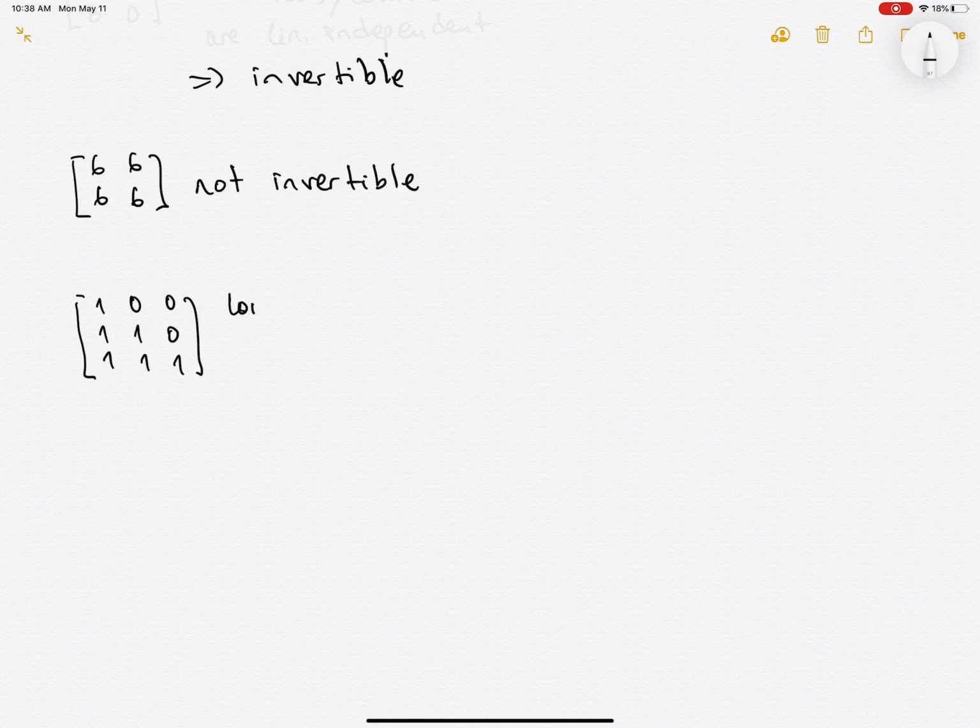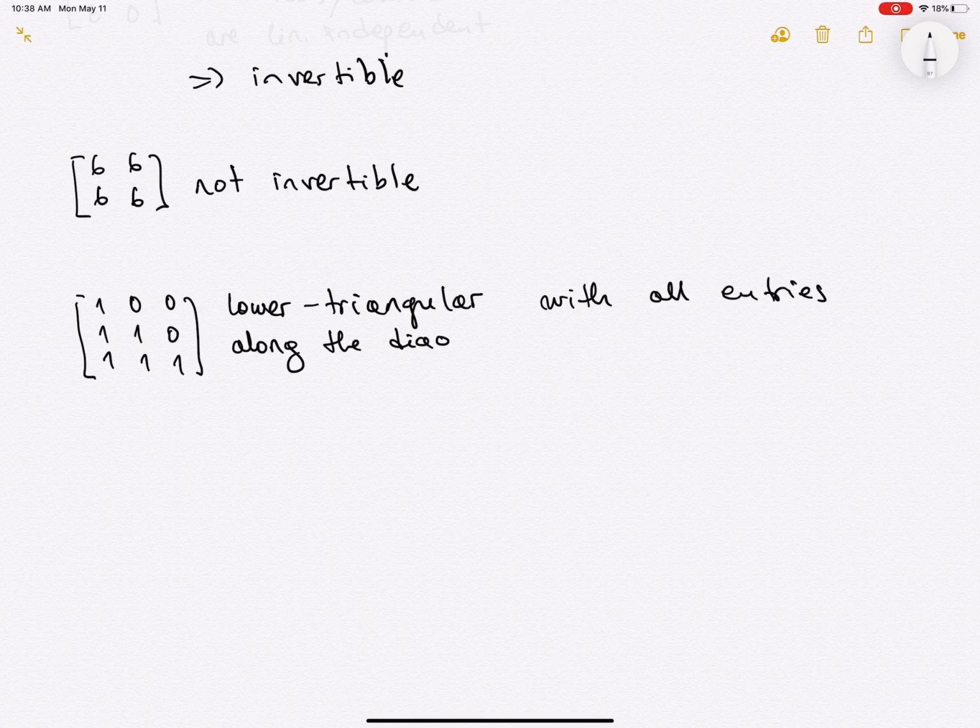So let me write: lower triangular with all entries along the diagonal being non-zero. So that immediately tells us the matrix is invertible.